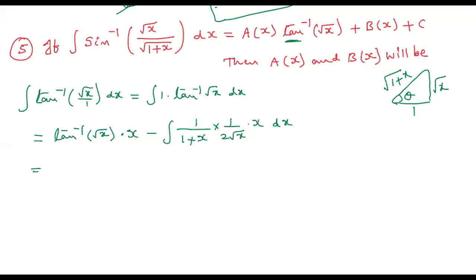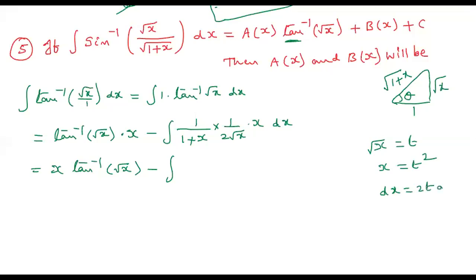Now this is x into tan inverse root x minus, here take root x is equal to tan theta, or we can take root x is equal to t, or x is equal to t square. Now do the differentiation, dx is equal to 2t dt.